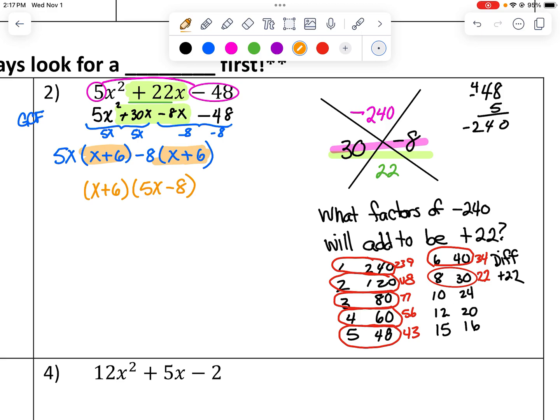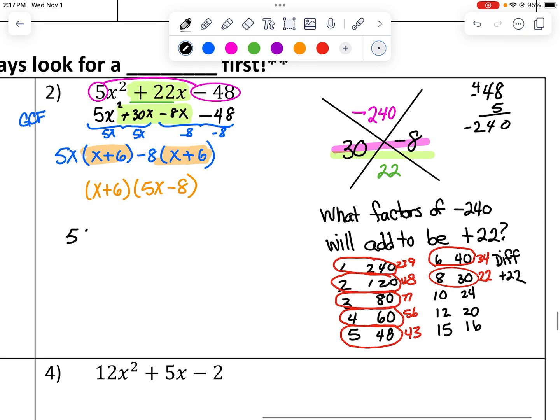By the way, I just want to show you that it doesn't matter. If we go back to 5x squared, and put the negative 8x here, the positive 30x here, and the negative 48 here, it doesn't matter what order.